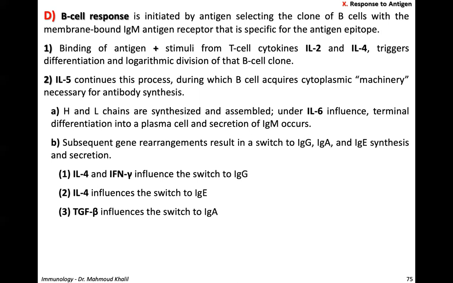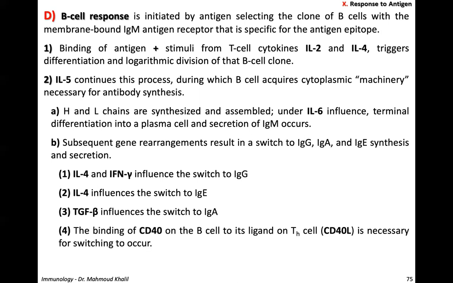TGF-beta influences the switch to IgA, and the binding of CD40 on the B cell to its ligand on the T helper cell, which is CD40L, is necessary for this switching to occur. So to undergo this switching, it needs the specific cytokine, it needs to be in vicinity and bound to the T helper cell.